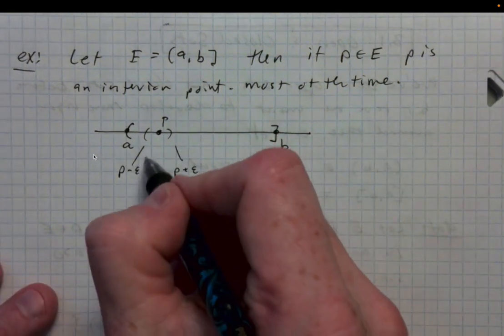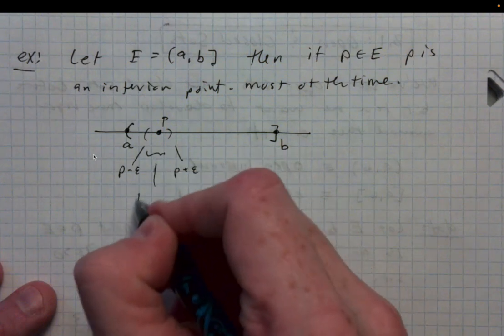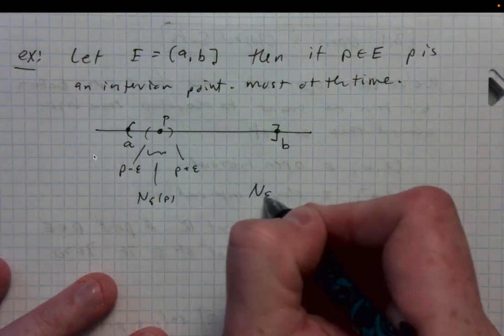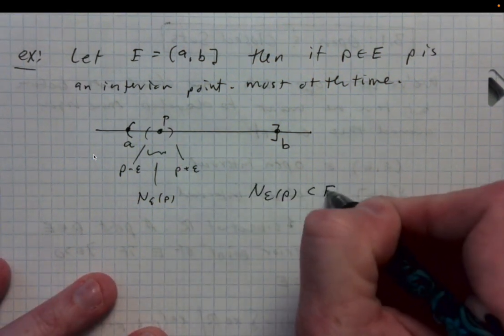This is the epsilon neighborhood of P, and we can easily see that it is contained in E.